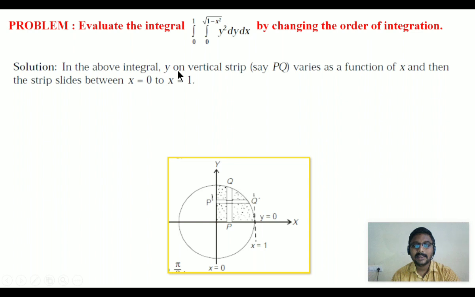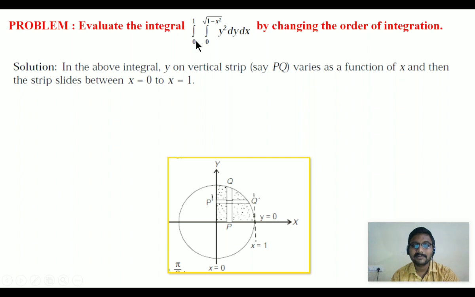In the above integral, we take a vertical strip, that is the vertical strip is the old strip, because here y varies as 0 to root of 1 minus x square. So y varies as 0 to root of 1 minus x square is the strip considered only in the first quadrant. So y varies as a function of x, and then the strip slides between x equal to 0 to x equal to 1.